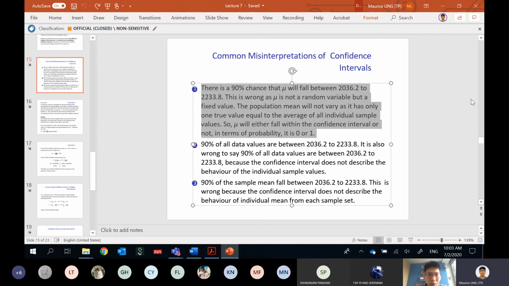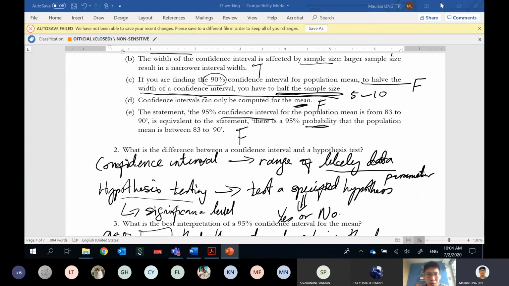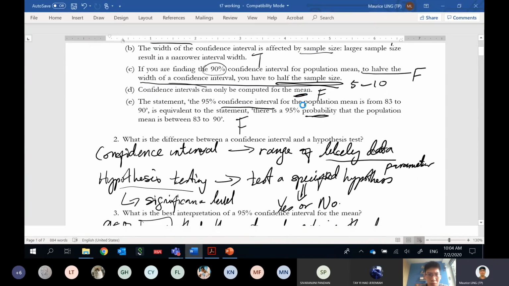This is false because chance means probability, and it's given here that this is a misconception. It is not the chance because why? The true population mean is not a random variable, it's a fixed number. Okay, so you get this, Jian? Okay, good.